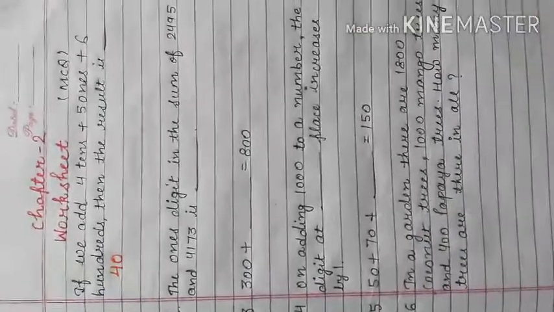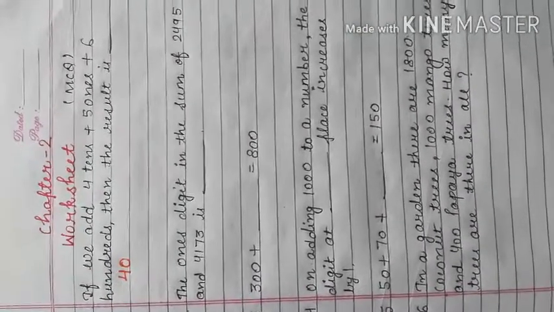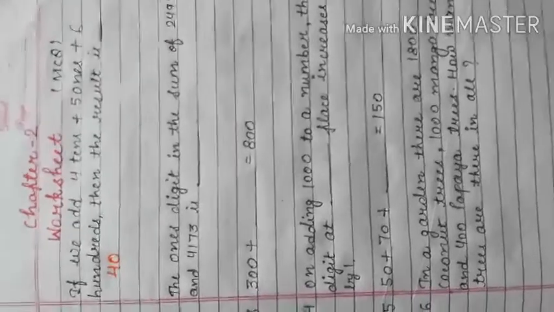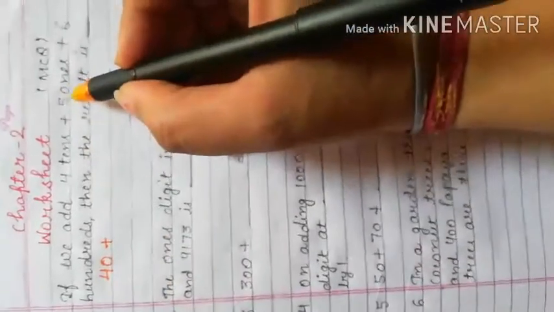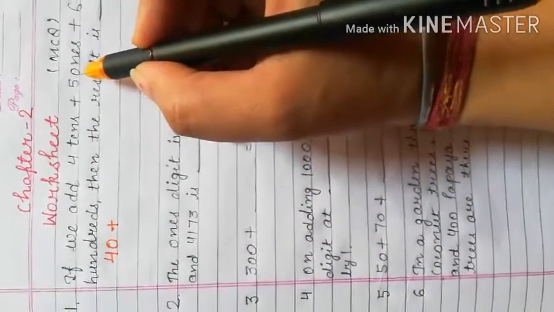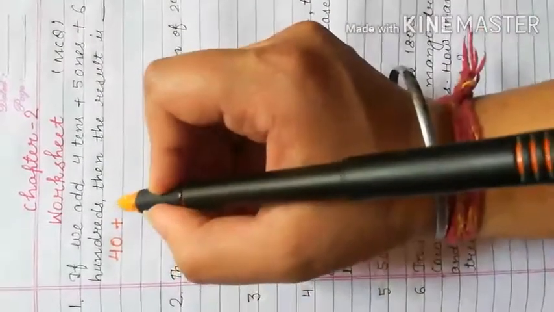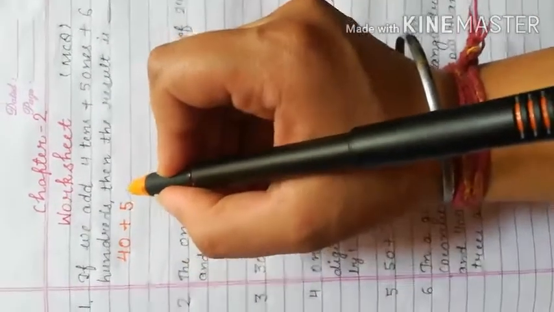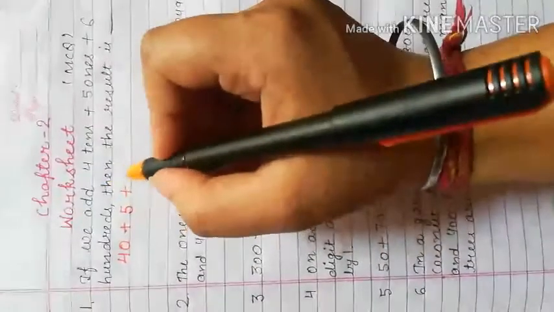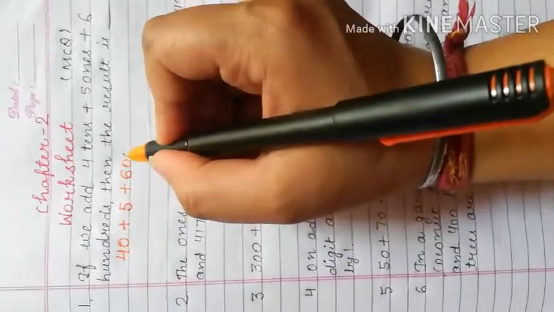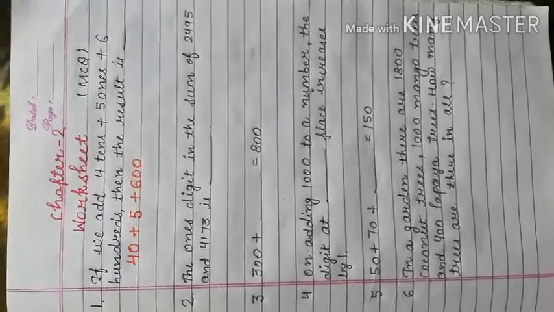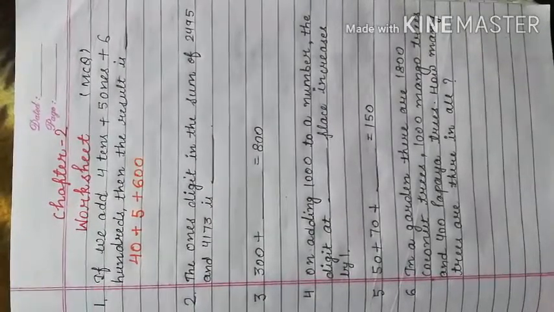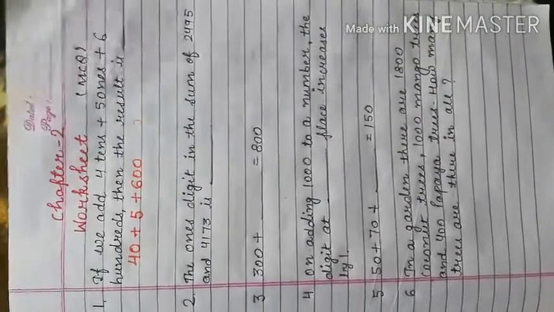40, because 4 is at the tens place, so its value is 40, plus 5 ones, that means 5 is at the ones place, plus 6 hundreds. 6 hundreds means 600, because 6 is at the hundreds place. After adding all these 3 place values, we have to see the result.